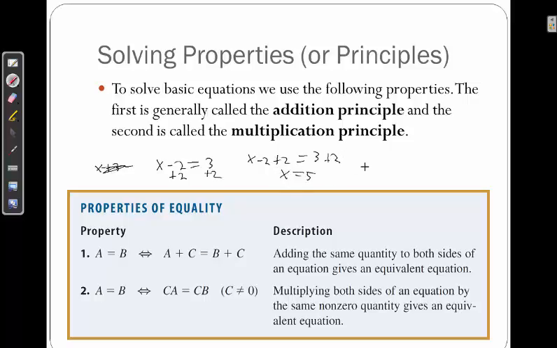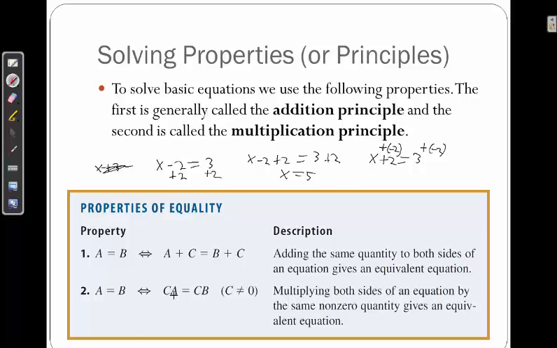Now I can also do subtraction, because if I wanted to get rid of a positive number like this, I can subtract, because subtracting 2 is the same thing as adding a negative. Since I can do this with any real numbers, that means I can do subtraction just as well as addition. I don't need a subtraction principle.